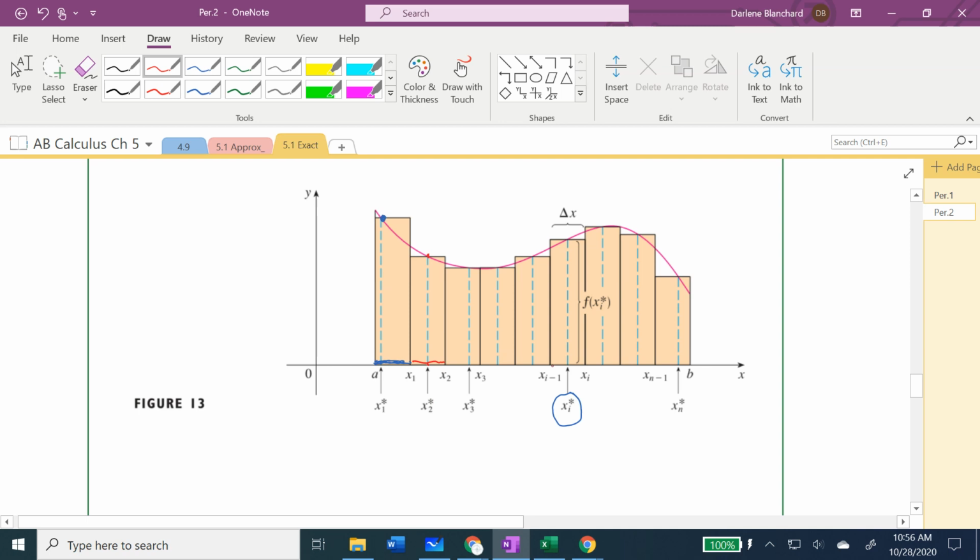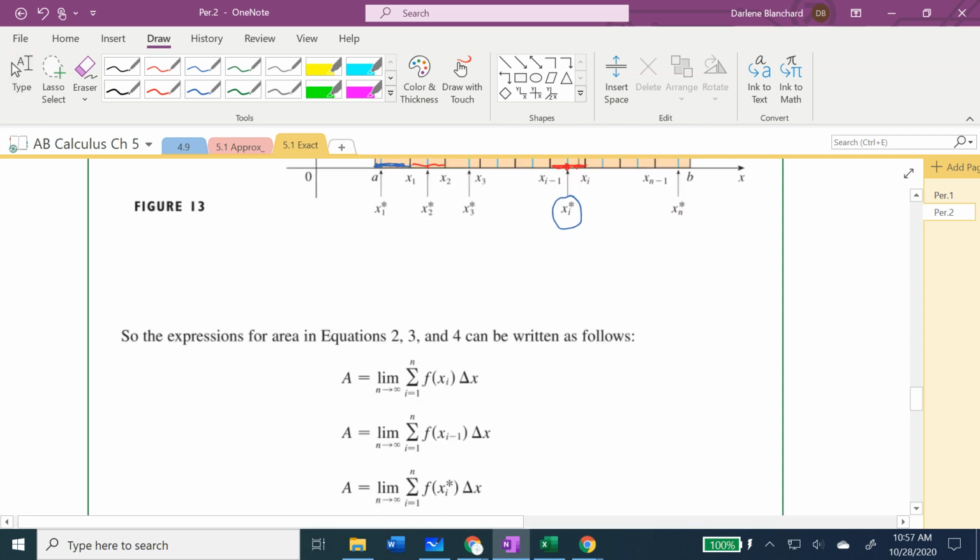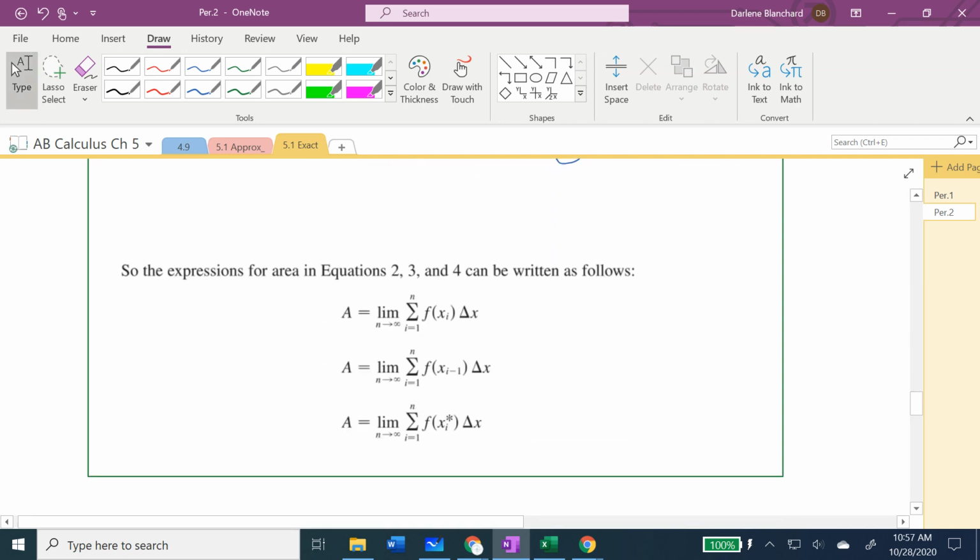That x sub i star is referring to the ith x coordinate that is chosen out of the ith subinterval. So subinterval 1 picks an x1 star out of all the x values to determine the height of the rectangle. In subinterval number 2, some x sub 2 star is chosen in its interval to determine the height of the function. And then I finally get to my ith subinterval, and I pick some x sub i star. It could be any of these x's to determine the height. And that comes up with these 3 area formulas.